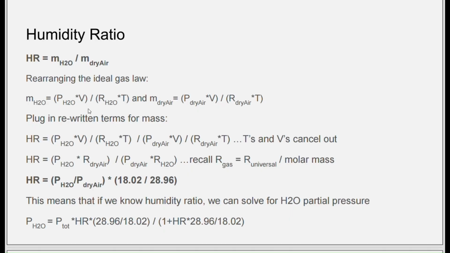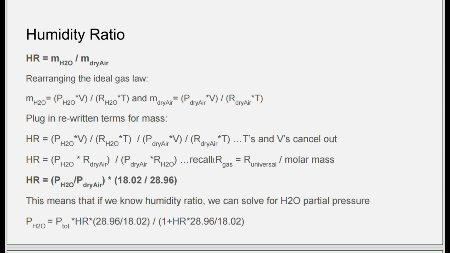So when you substitute these terms into our humidity ratio definition, V cancels out because they occupy the same volume. T cancels out as well because they're at the same temperature. What you're left with is humidity ratio equals partial pressure of water vapor divided by R for water vapor, times R for dry air divided by partial pressure of dry air. So it's PR over PR.